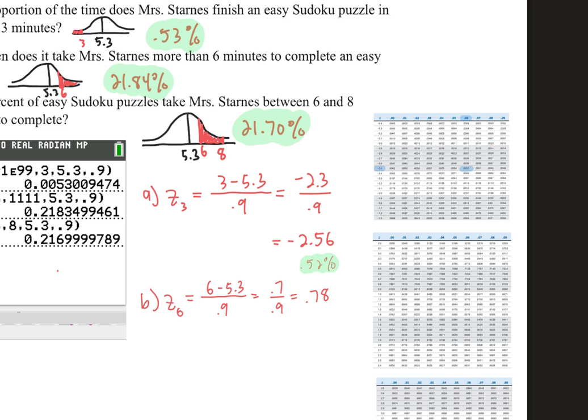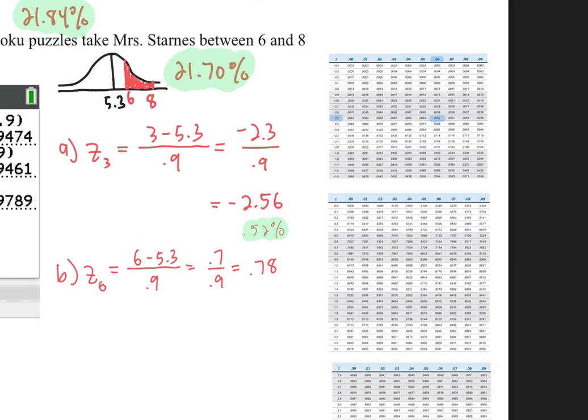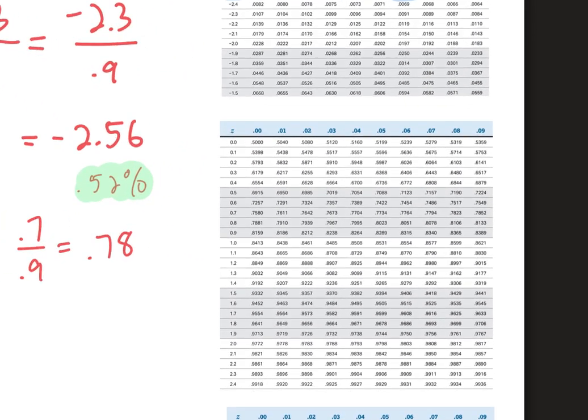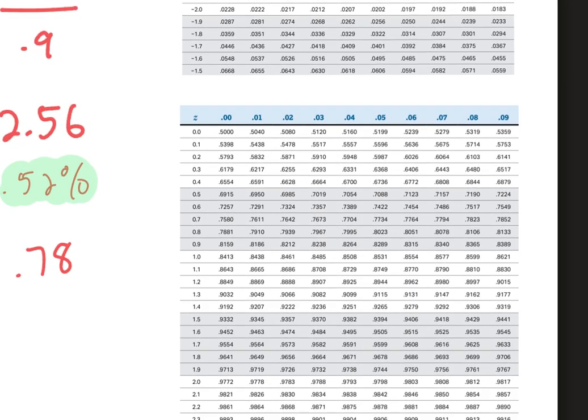Okay, so let's find the value associated with that z-score. 0.7, there's 0.08.